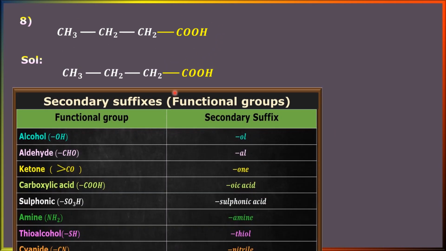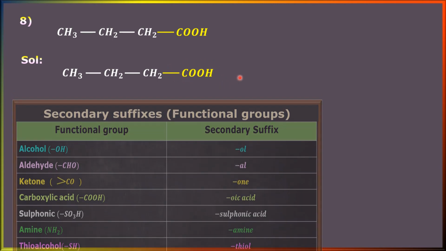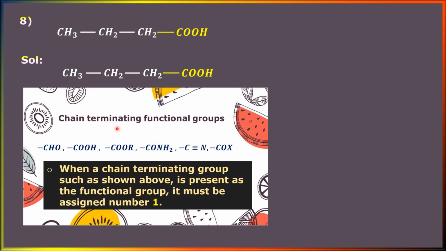Next, problem number 8. It is similar to the above example only. COOH functional group is there, that is carboxylic acid's functional group. The secondary suffix for that is oic acid, and COOH is also one of the chain terminating functional groups.